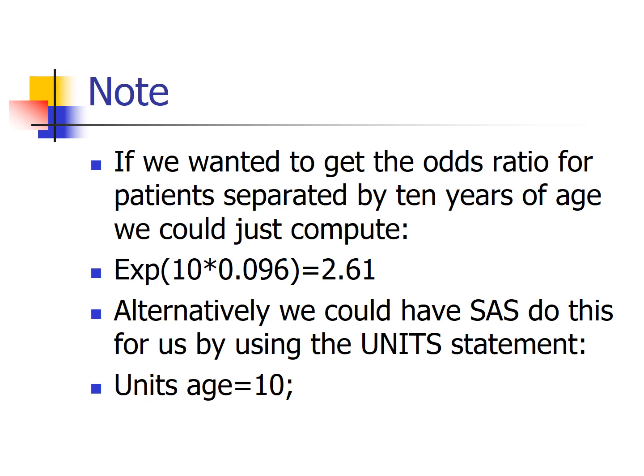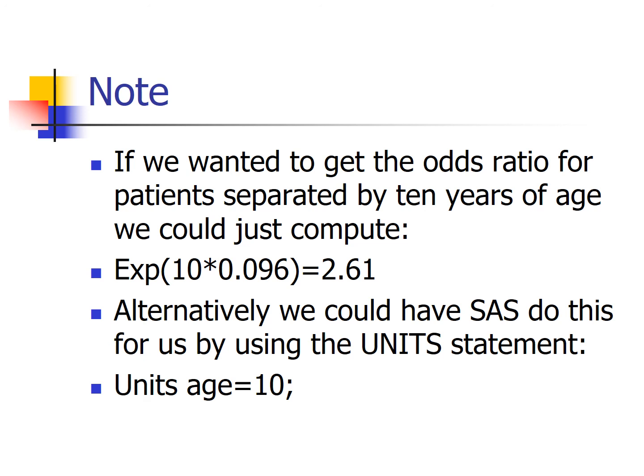This is the approach we take. And you can actually show that we can look at an odds ratio for patients separated by 10 years by just doing 10 times our coefficient and exponentiating that.